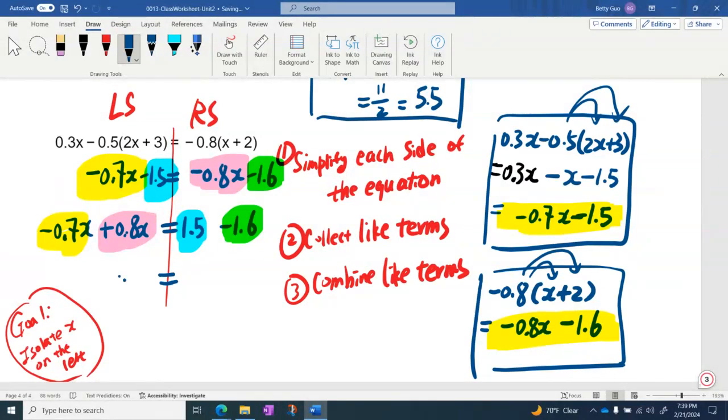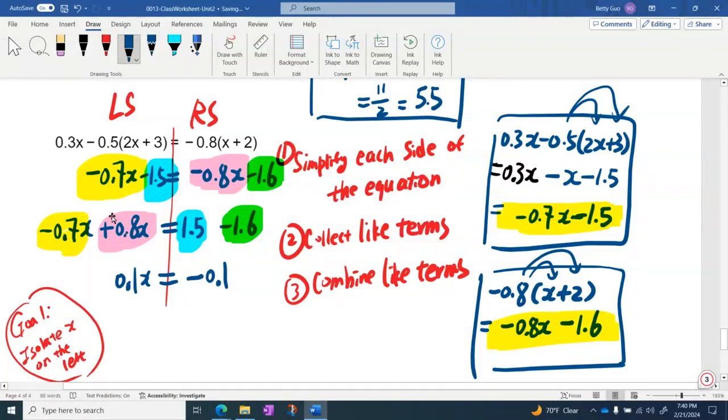So 0.1x. On the right side, you win $1.50, and you lose $1.60. You end up with losing 0.1, right? 10 cents. The 0.3x you forgot to bring down is the like term also.